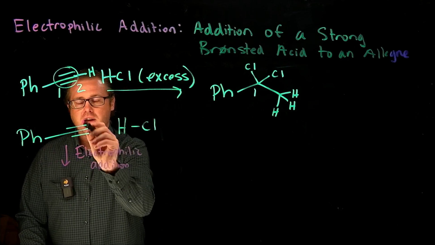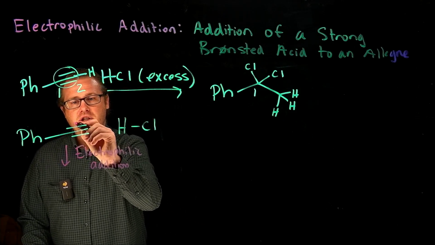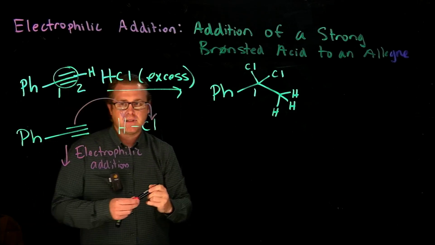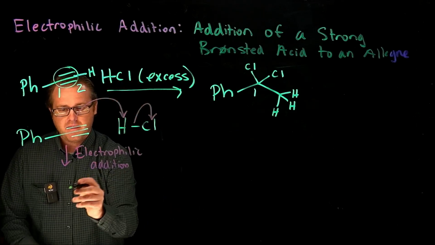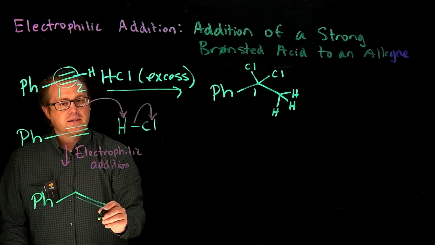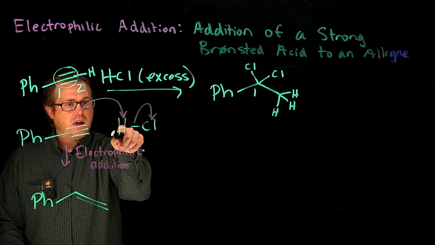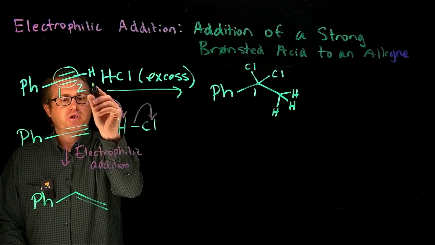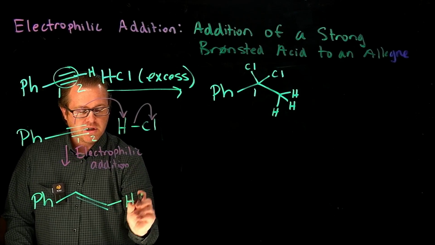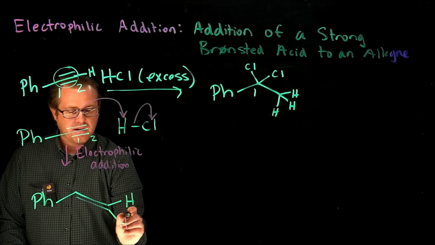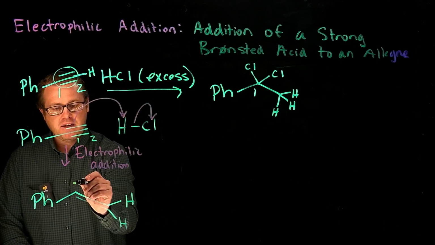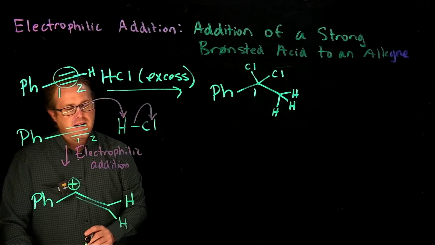Pi rich, electron rich species attacking electron poor species is going to generate this. Now, where did that hydrogen go? It went to carbon 2. So we already have one that was originally there, and now we've added the second one. So what did that generate for us? That generated a carbocation right there.